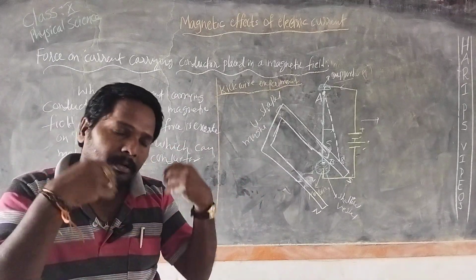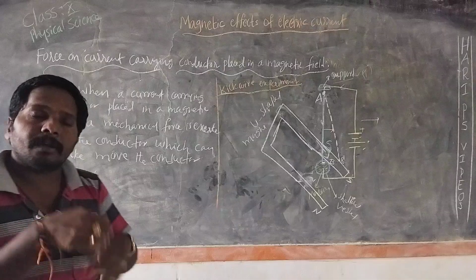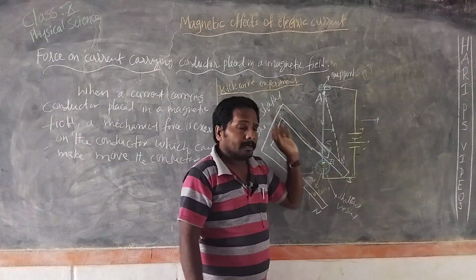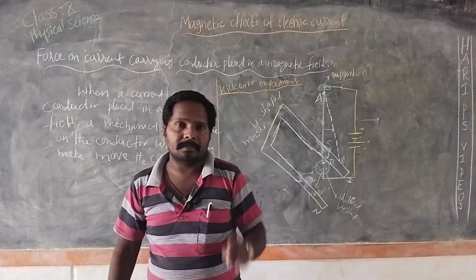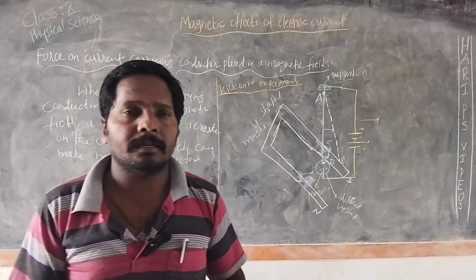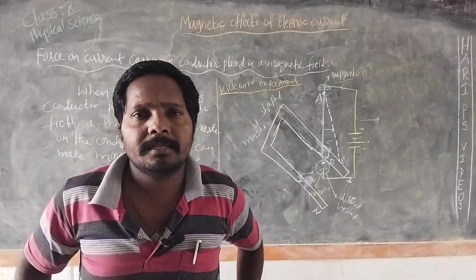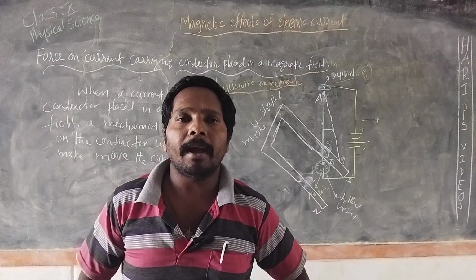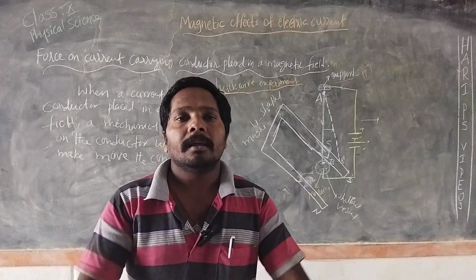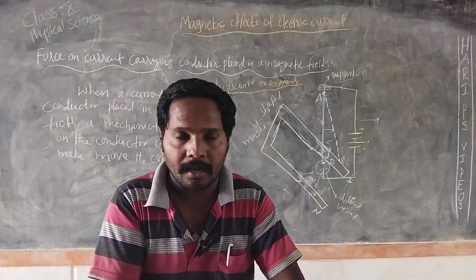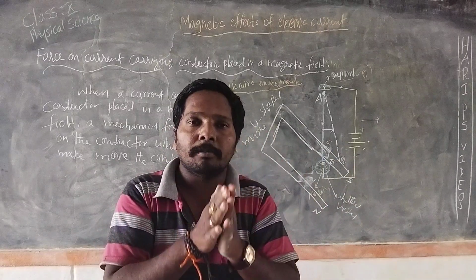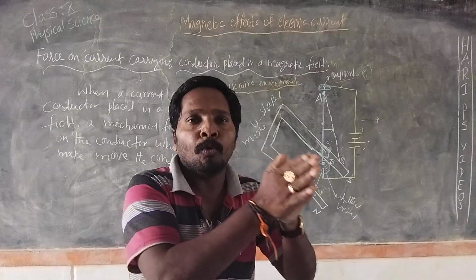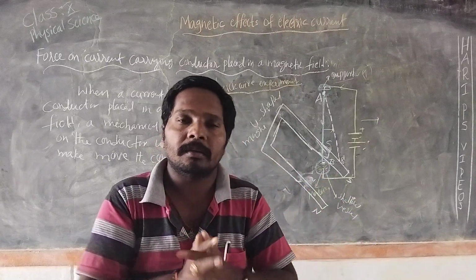A little difficult to understand, but just keep in mind, when a current carrying conductor is placed in a magnetic field, it experiences a mechanical force. Due to that mechanical force, the current carrying wire moves from its position.